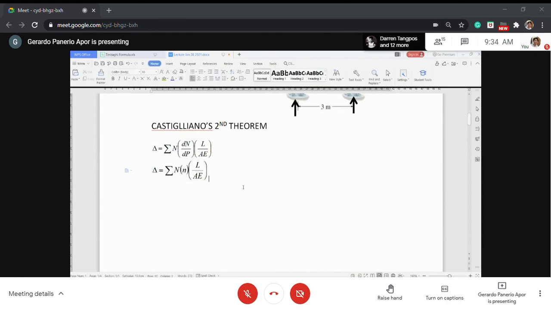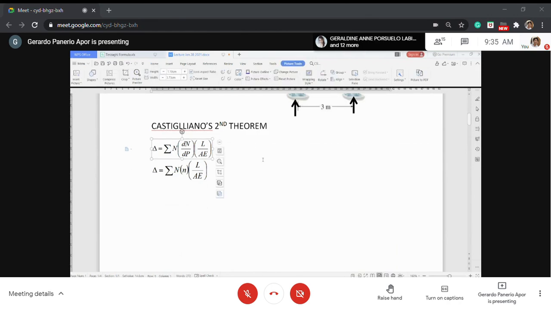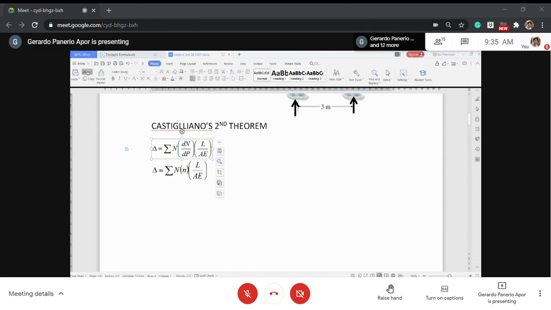So still Castigliano's theorem, no? But this time I am going to erase the first formula. So I will erase that. So it is changed now with this, because this method is the unit load method. Finding the deflection of a truss using the unit load method. So basically, this formula came from Castigliano's theorem.